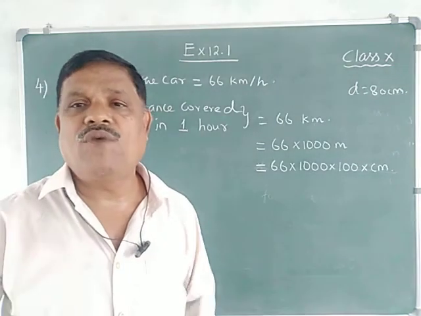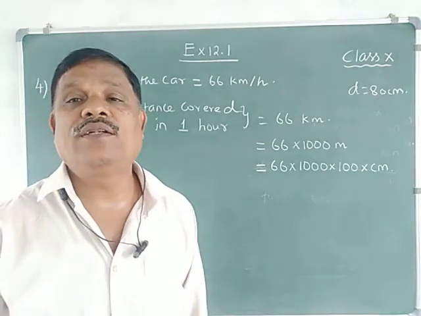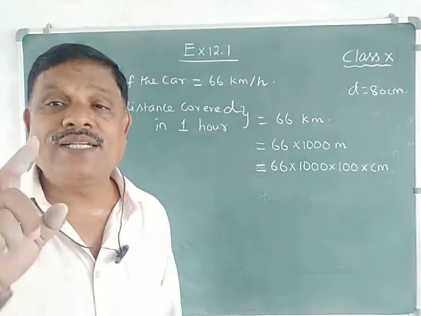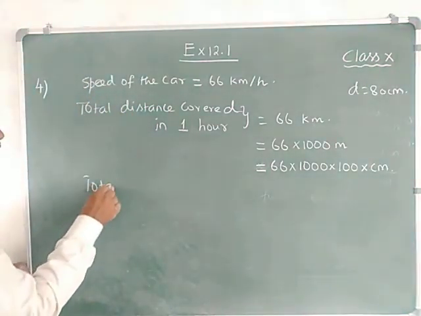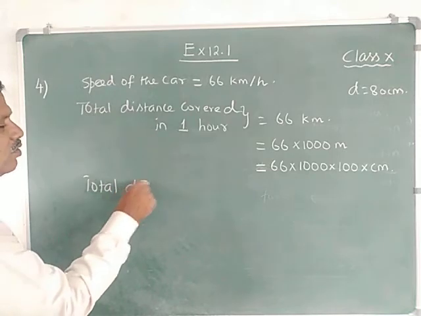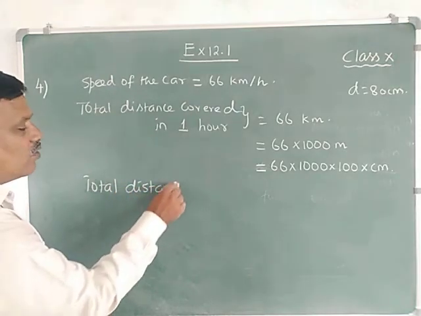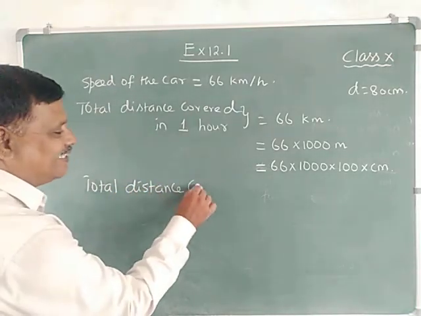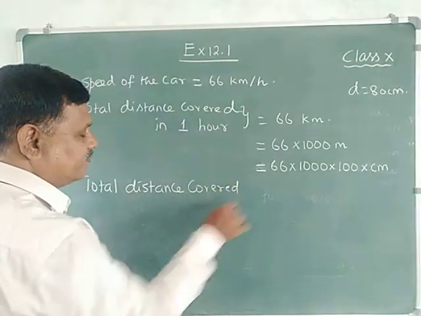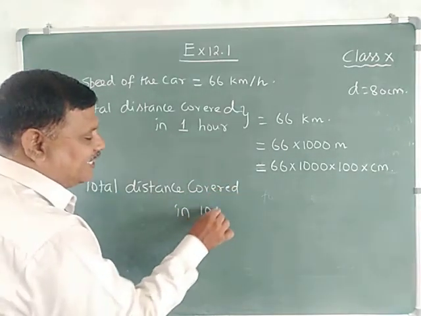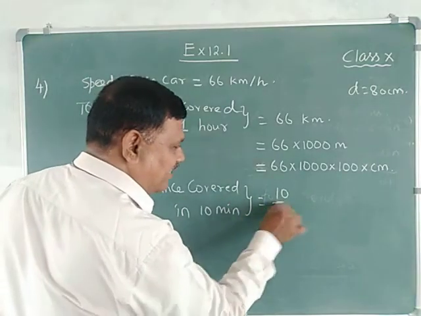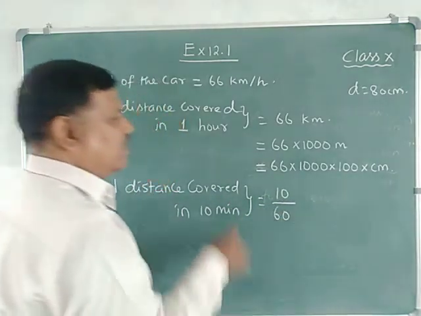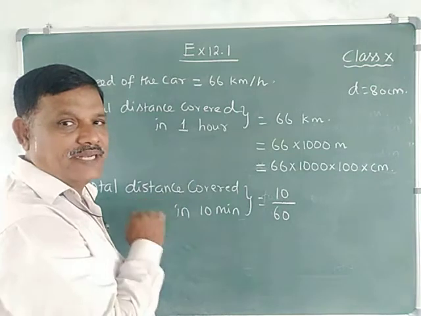So in the problem what do you have to find? You have to find total distance covered in 10 minutes. Okay. Therefore, further we do like this. So we are going to find total distance covered in 10 minutes. So how do you find this? 10 by 60, because 1 hour is equal to 60 minutes. Okay.